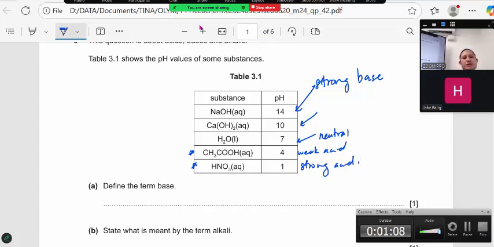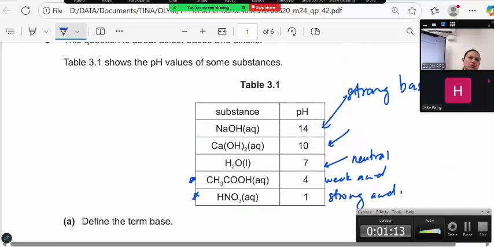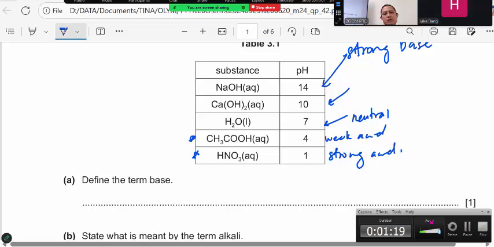So you need to know the definition of strong acid and weak acid. A strong acid is an acid that is completely ionized in water, so there's a high concentration of hydrogen ions. A weak acid is only partially ionized in water.